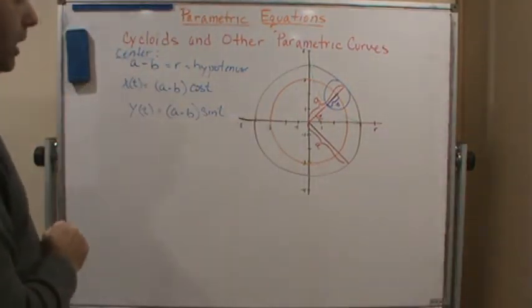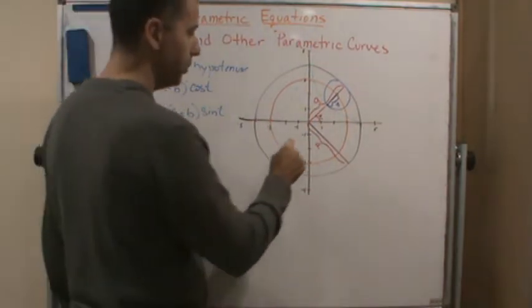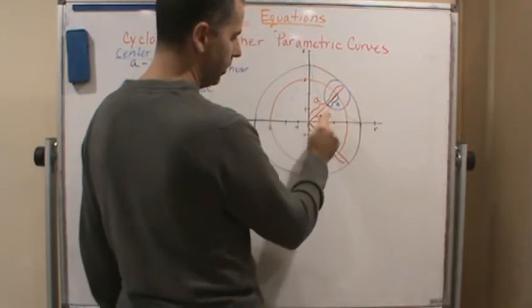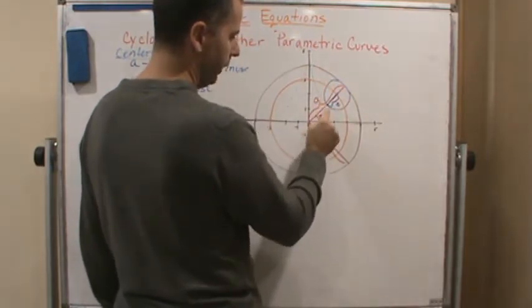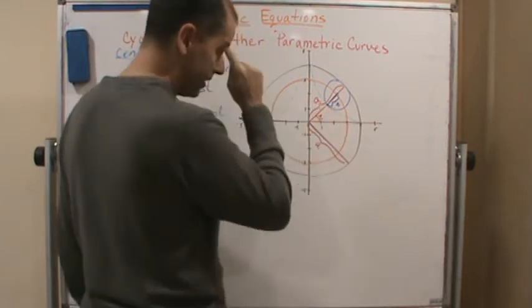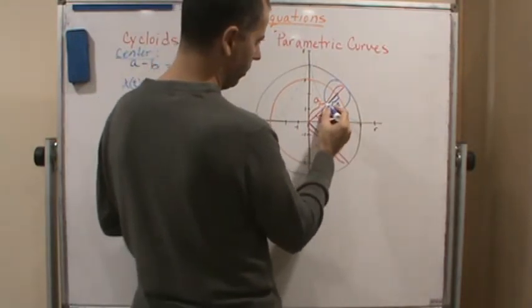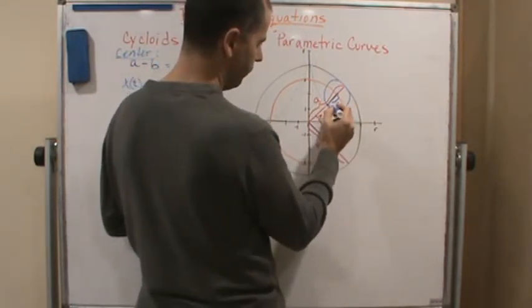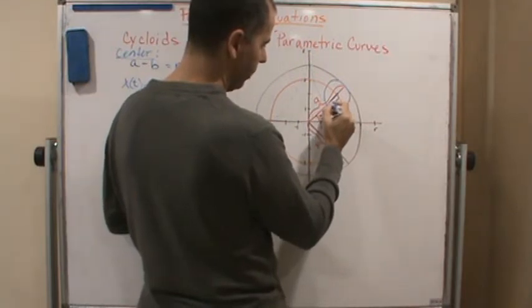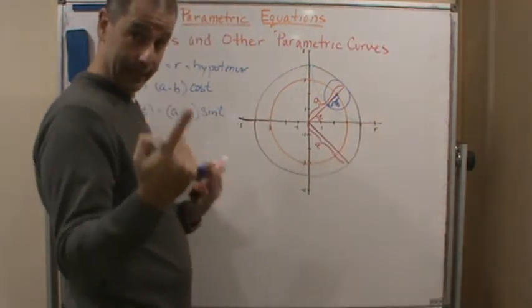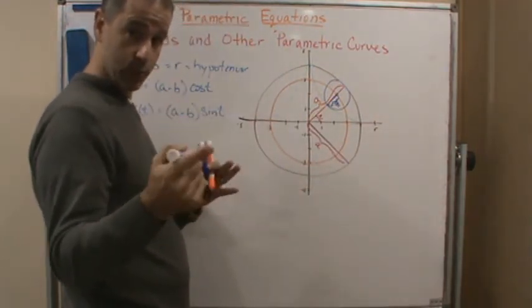I'm not going to derive it, but notice that depending on where this is along the blue circle, I can always represent this with respect to the center. I can draw a small rectangle here and do the same sort of thing I did before with respect to the cycloid.